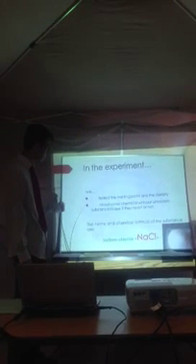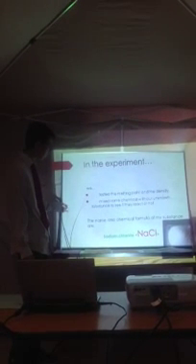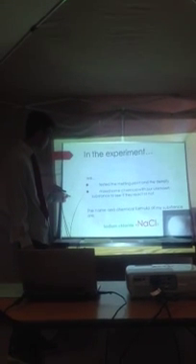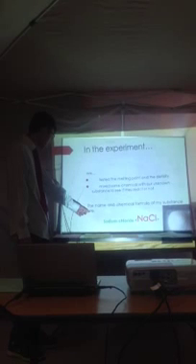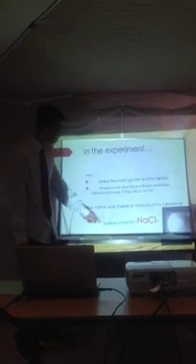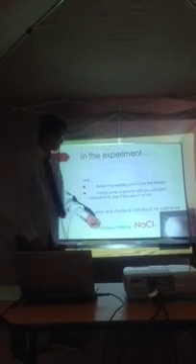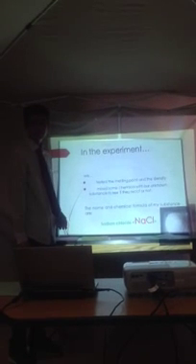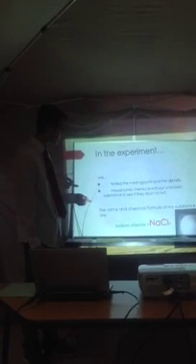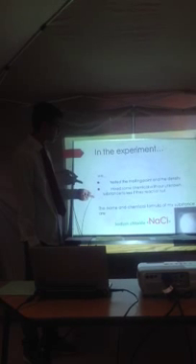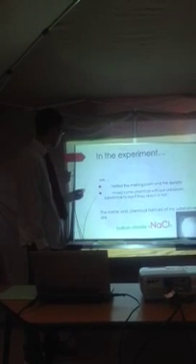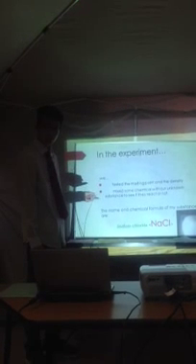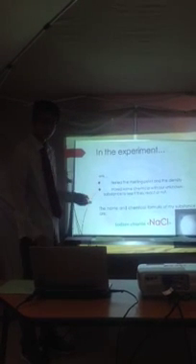At last, we found that our unknown substance is sodium chloride, NaCl. It's a white solid at room temperature, and it has a high melting point, and it can react with the AgNO3 and H2SO4.